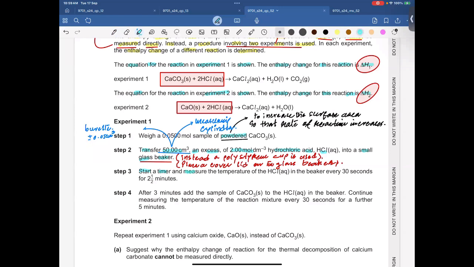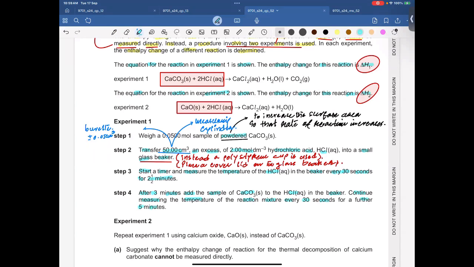Start a timer and measure the temperature of the HCl in the beaker every 30 seconds for 2.5 minutes. After 3 minutes, add the sample of calcium carbonate to the HCl in the beaker. Continue measuring the temperature of the reaction mixture every 30 seconds for a further 5 minutes.